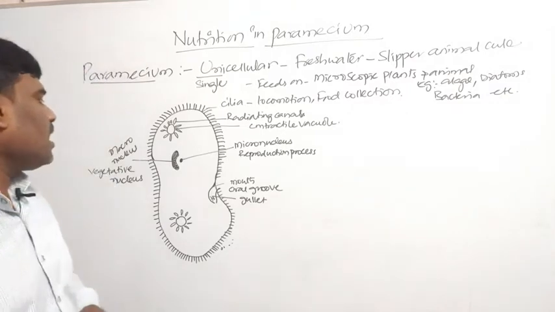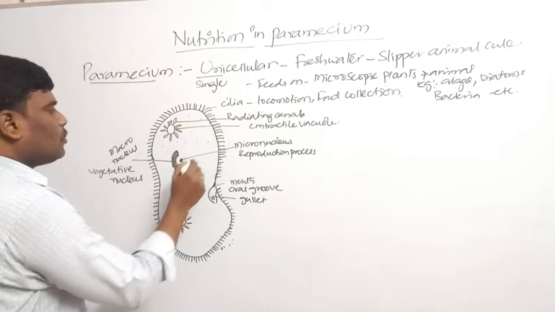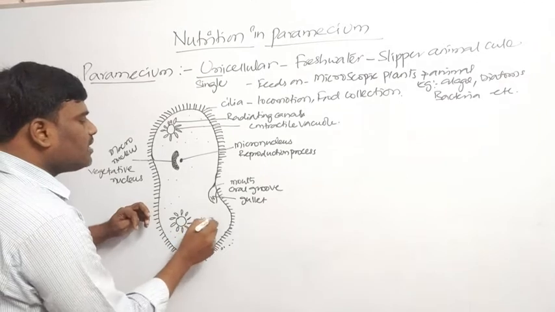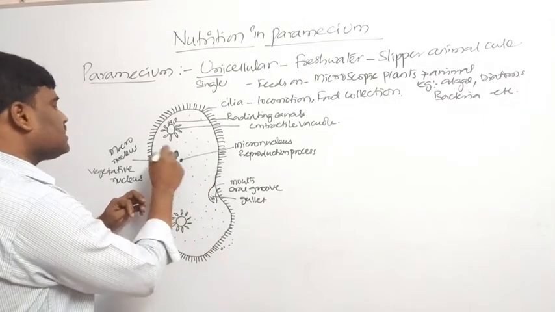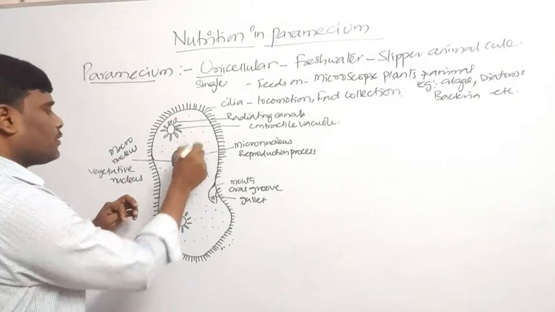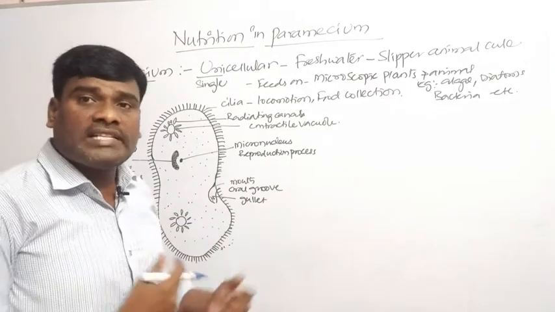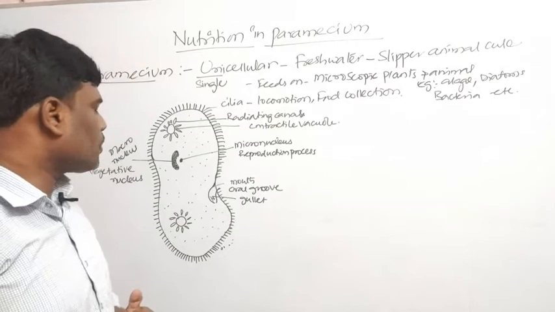And this ectoplasm and endoplasm, as you know, inside the endoplasm there are certain cell organelles present, such as Golgi apparatus, mitochondria, or some other cell organelles, children.